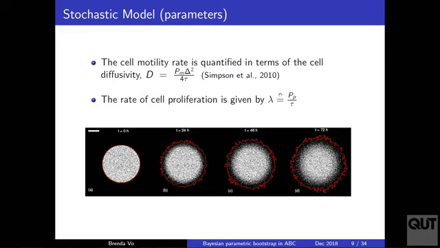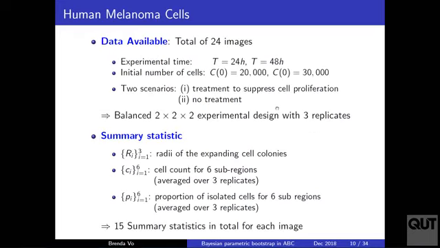So we perform stochastic ABC inference for PM, PP, and Q, and then convert that to D, lambda and Q.